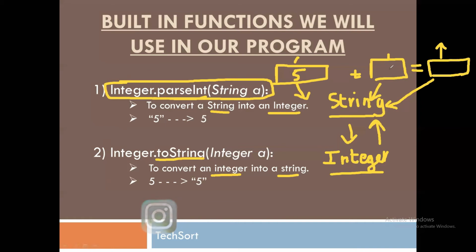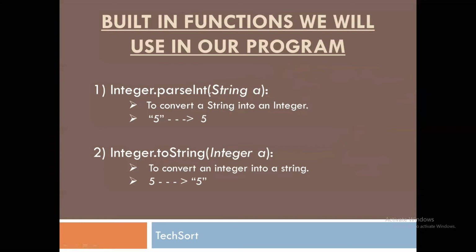When we add these two numbers, 5 plus 9, an integer 14 will come. But the data type of the answer, which is a JLabel, is a string. So I need to convert this 14 into a string. To convert an integer into a string, we use the function toString.